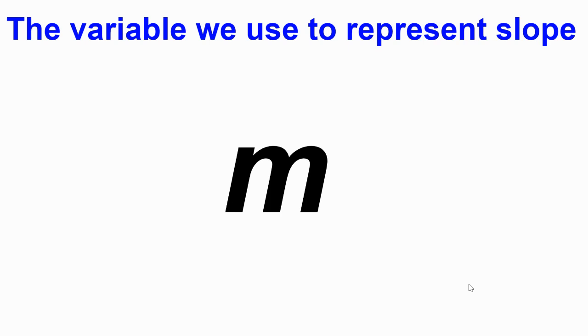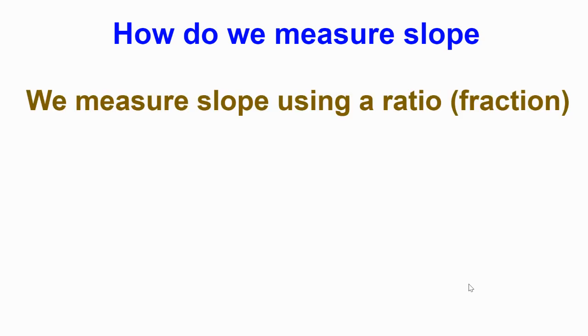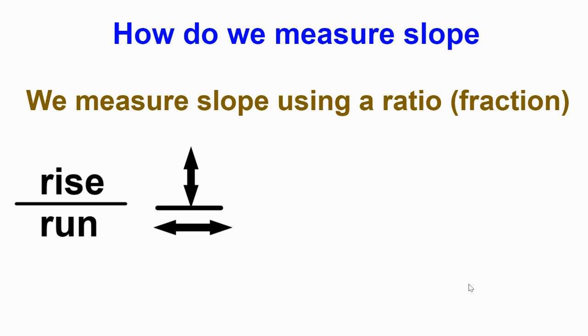All right, so remember, how do we measure slope? It's a ratio. It's a fraction. A fraction of what? Rise over run. That's the vertical over the horizontal. How much are you going up or down versus how much are you going right or left? We're breaking it down into two directions, vertical and horizontal.